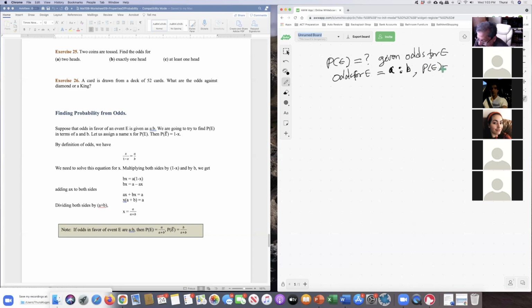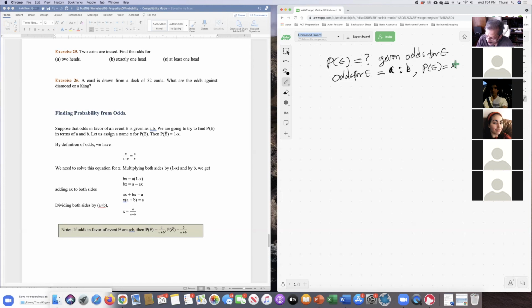So if I call probability of E as X, what I'm going to work out is the theory of how to find the probability by using odds. If you don't understand the work I'm going to do, you can still use the answer as a formula, but if you understand the work I'm doing, then you will understand the whole thing better. So I recommend trying to understand it.